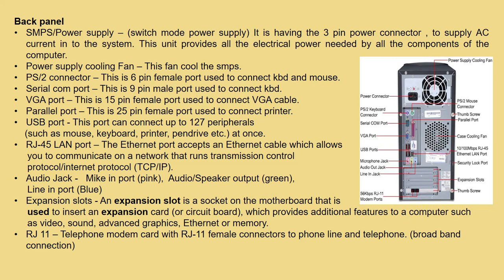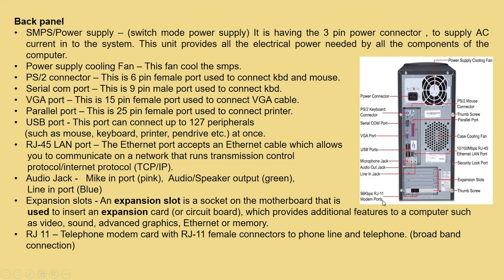Clear? Now just to the right side of this USB port you have another port, that is called your Ethernet port or RJ45 Ethernet LAN port. Clear? The same type of format is also available here, that is the RJ11 modem port.